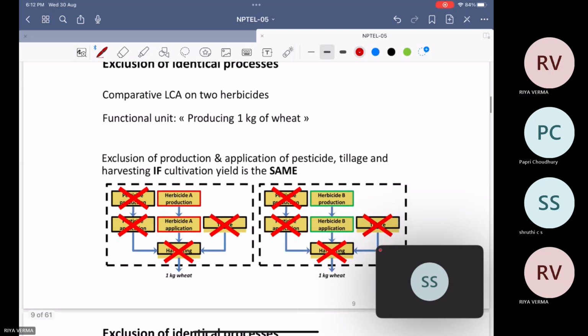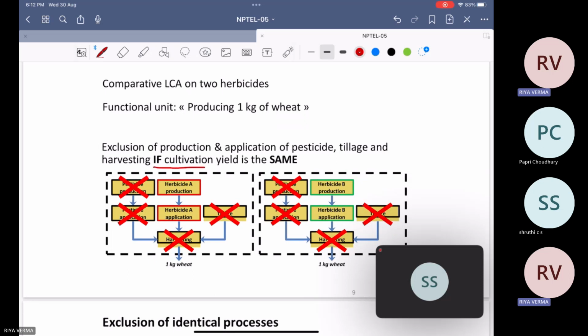Now, if the cultivation yield, the amount that we are getting, is the same in both the cases, then we can exclude the production and the application of the pesticides, then the process of tillage and the harvesting.